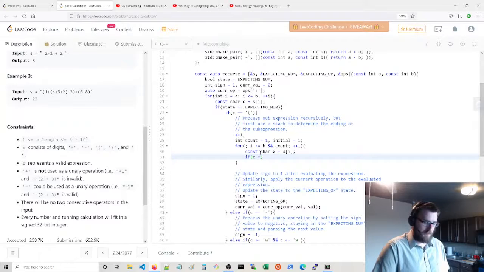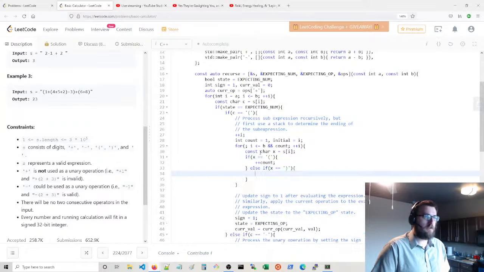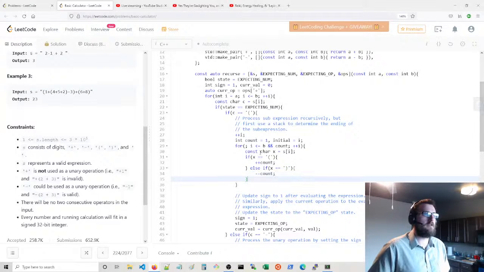If x is equal to an opening parenthesis, so it could be another parenthesis, then we're going to increment the count. Else if x is equal to a closing parenthesis, then we're going to decrement the count.